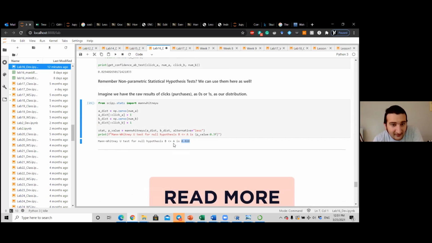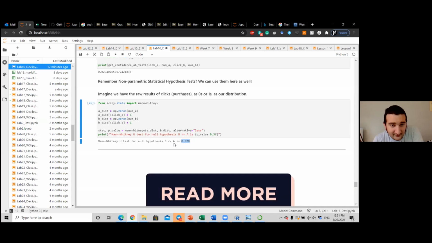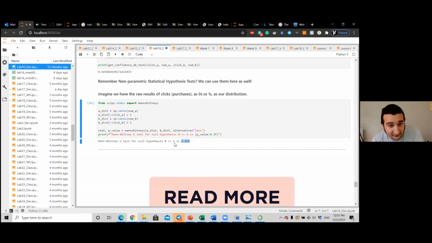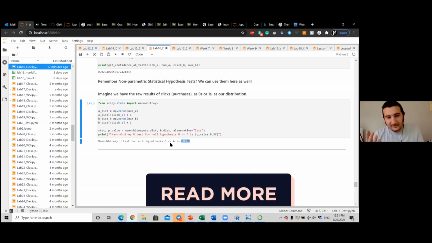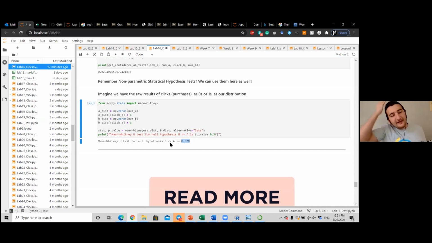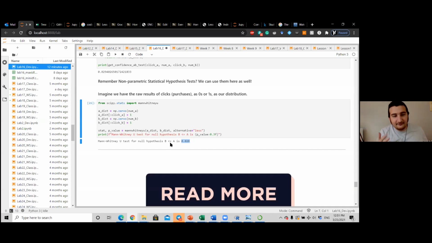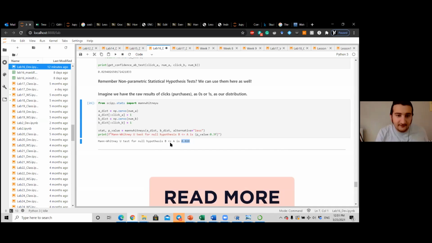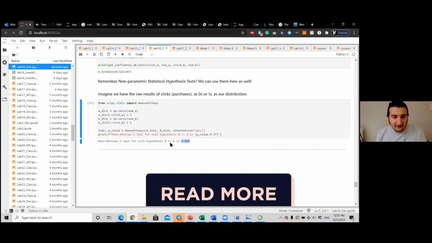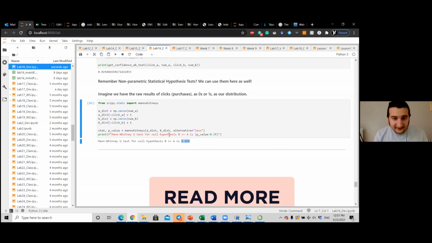Since this is small enough, we are rejecting the null and saying that no, B is greater than A. That's another way of doing that. So A/B testing is a quite simple extension of hypothesis testing. It just has to have a different name because people in business use this a lot and many of them suck at statistics.